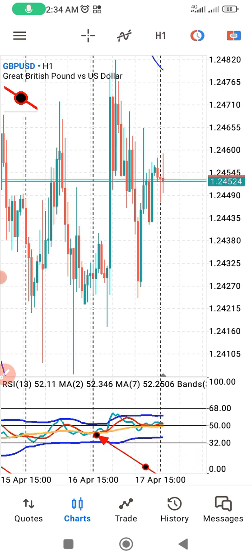Okay, when you realize that the gold indicator is below the 50 zone, you should know that you are in a downtrend.